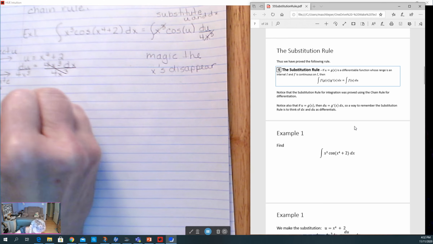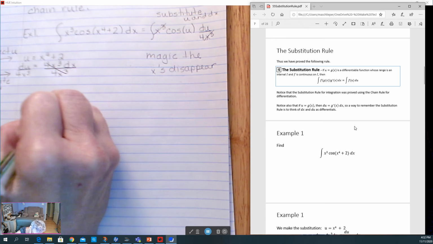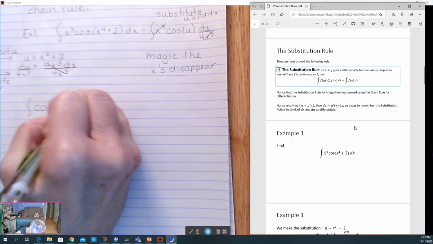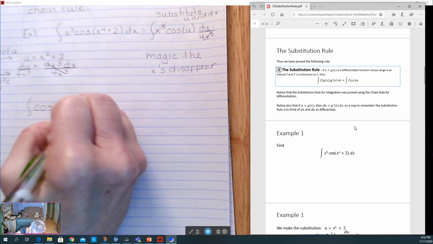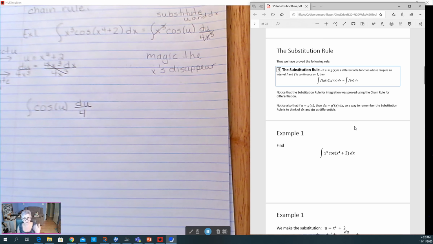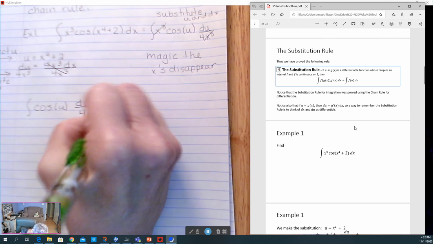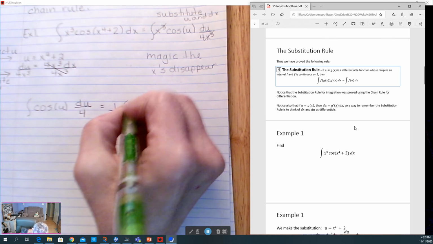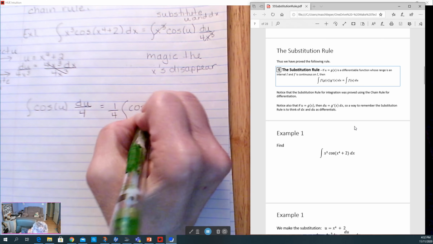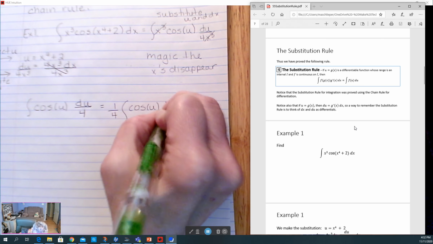Now I just have the integral of cosine of u, and I have du over 4. But that's just the same thing as a constant multiple. So it's 1/4 times the integral of cosine of u.